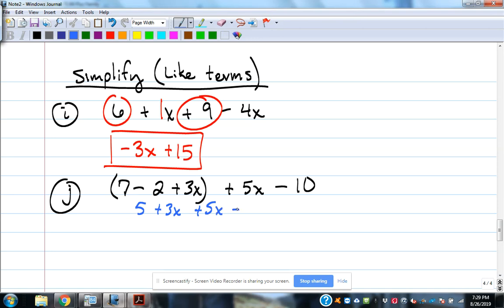And then we can put the like terms together from there. X's, how many X's we got? 8. And then 5 minus 10, negative 5. And there we have the simplified version of that problem. Nothing extremely dangerous about that. Pretty easy thing to do, right? So simplifying, putting like terms together. That's the key to that stuff.